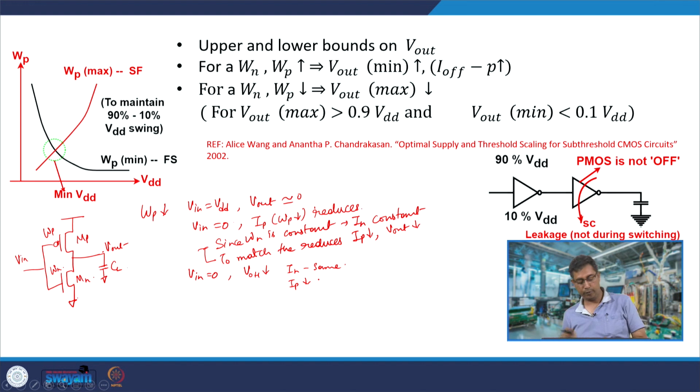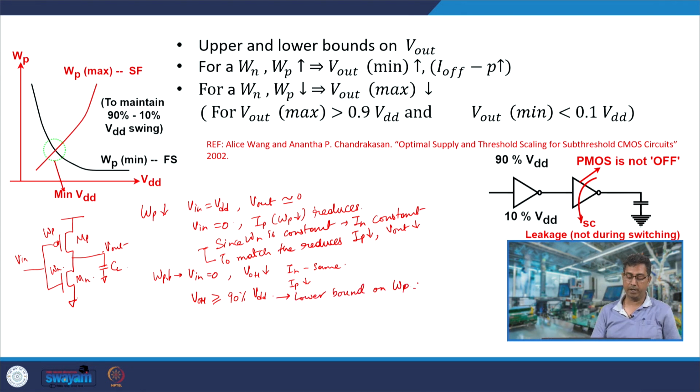So, for a reducing WP, VOH reduces. Now if we want VOH to be larger than or equal to 90% of VDD, suppose, then you would have a lower bound on WP for a given VDD.